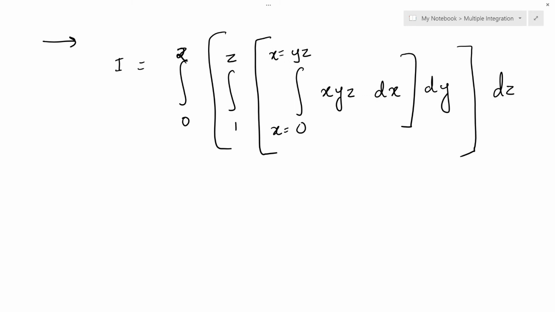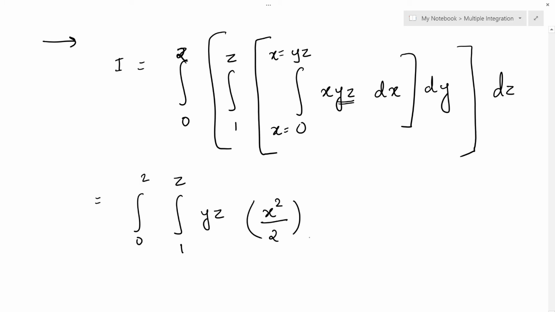So let us solve this. I'm doing it directly. The innermost limits we are integrating with respect to x. So that will be 0 to 2, 1 to z. You can take yz common, because you are integrating with respect to x. So yz is taken outside. Here you'll have integration of x is x square by 2.